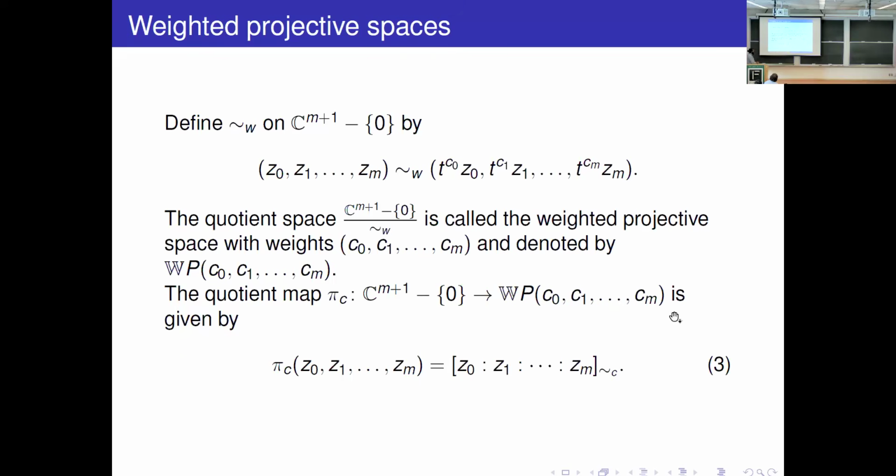The orbit map we denote by this one. We'll see that a simple technique can lead to something good. We denote the coordinates of the weighted projective space by this one. As I told you, my talk will be very simple, and many things everybody knows.